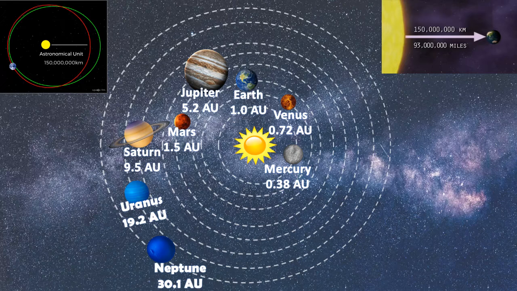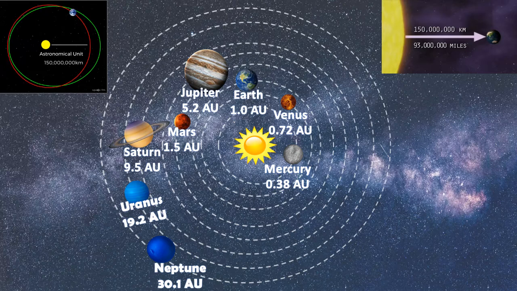The third planet is Earth, our home planet. The distance of Earth from the Sun is 1.0 astronomical unit. The fourth planet next to Earth is Mars, the red planet, at a distance of 1.5 astronomical unit from the Sun.